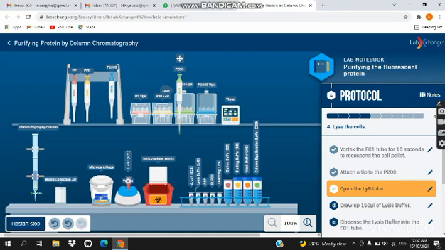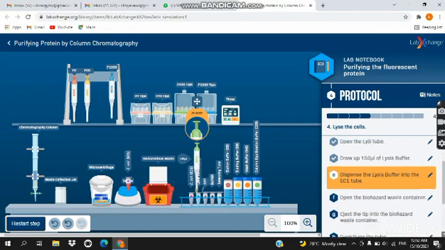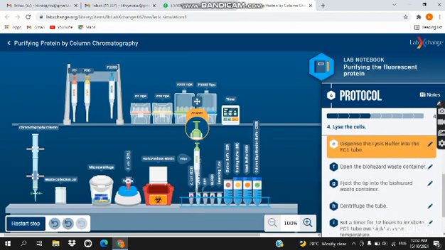And the LY tube, which is lysis buffer, known as lysis buffer. So draw about 500 microliter of lysis buffer, and then dispense the lysis buffer into the EC1 tube.